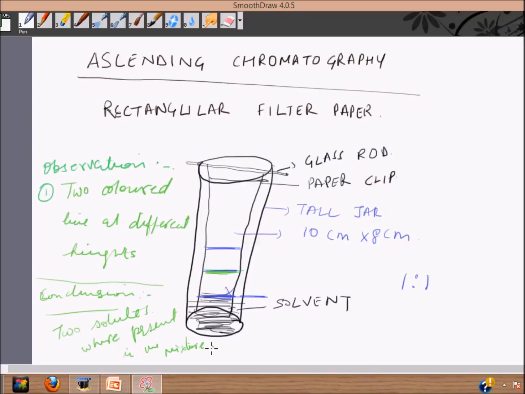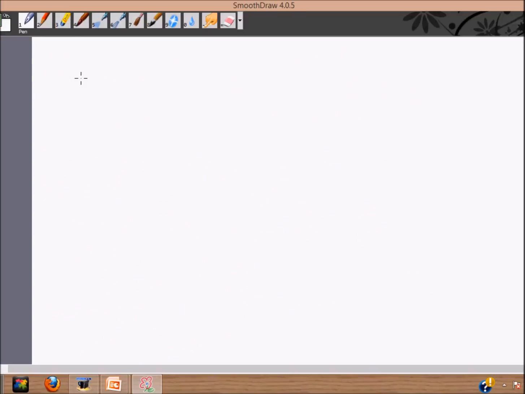So friends, after understanding the methods of chromatography and its uses, let's understand now what are the advantages of chromatography over other ordinary experiments and methods, why it is very important when we talk about the separation of mixtures.